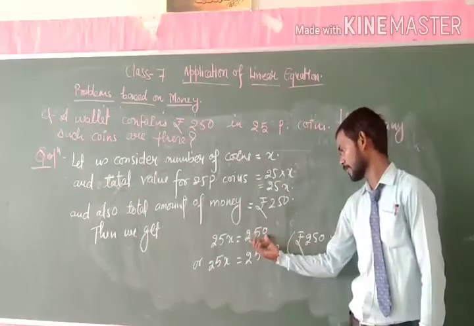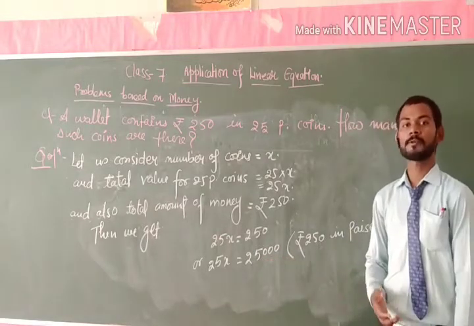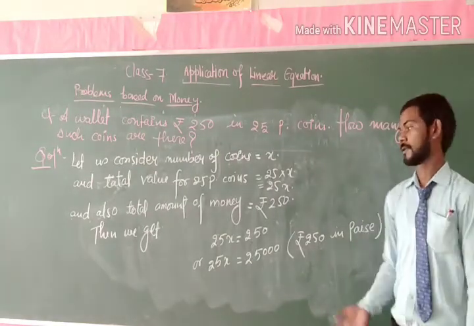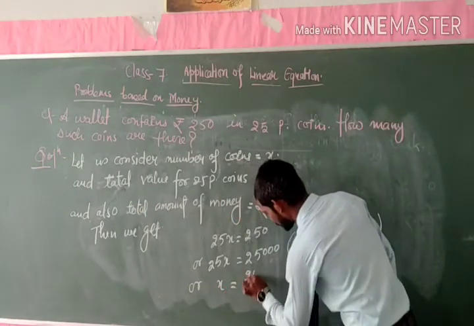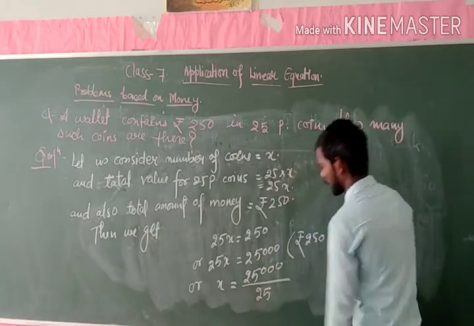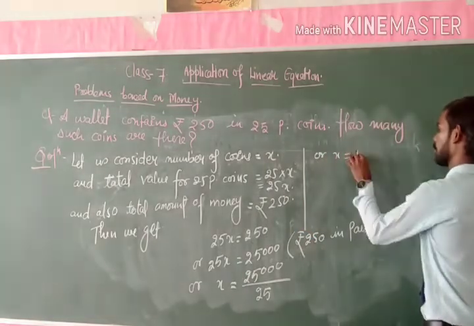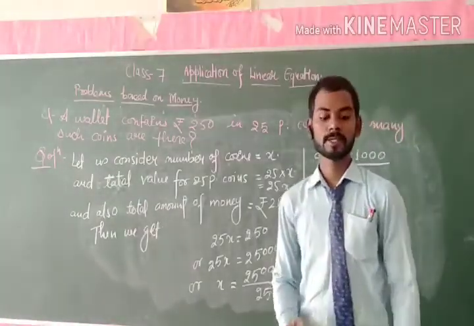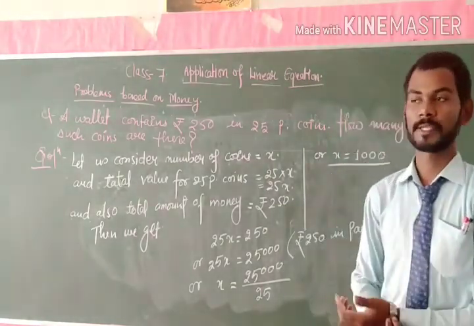Here I convert 250 rupees into paise, then we get 25,000 paise. That means 250 rupees is equal to 25,000 paise. Now solve it, x is equal to 25,000 upon 25, and after solving we get x is equal to 1000. This shows that the number of coins in the wallet is equal to 1000 of 25 paise.